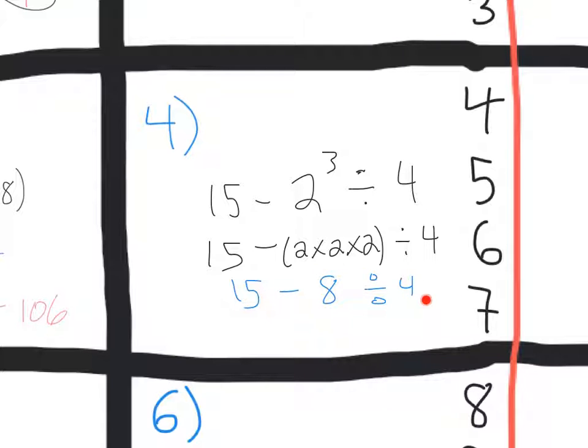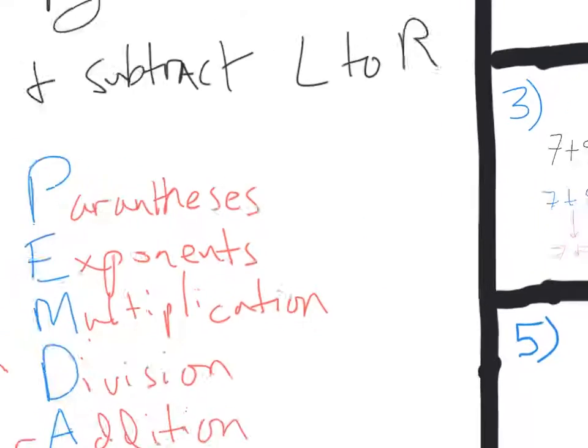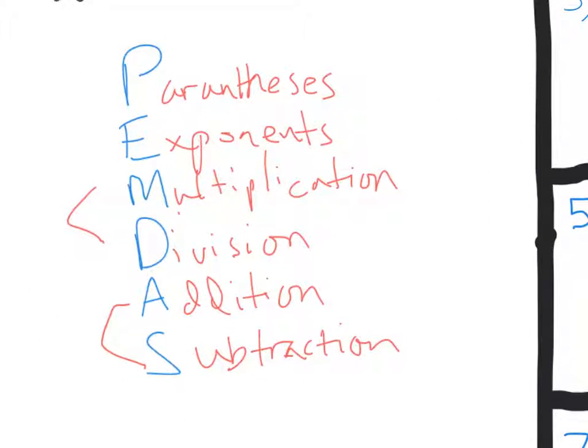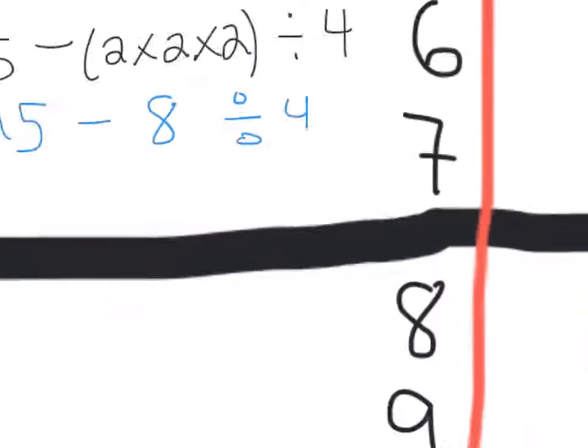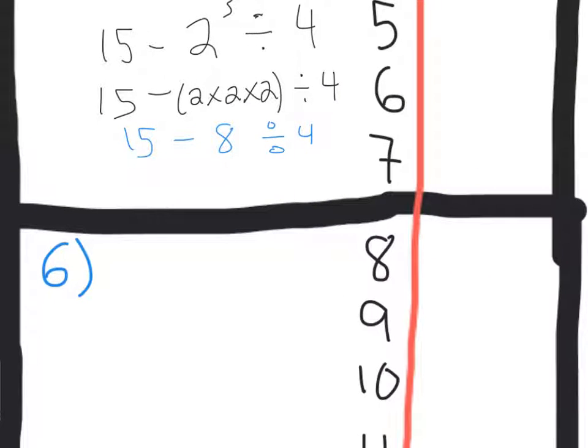Actually, we need to do this division first. 8 divided by 4, once again because of our PEMDAS. So we do division before we do addition or subtraction. Alright, 8 divided by 4 gets you 2, and you subtract that from 15 to get 13 as your answer. Okay, a couple more.